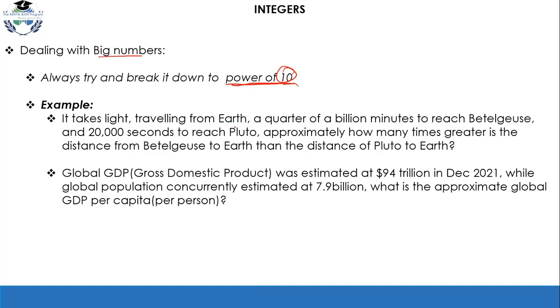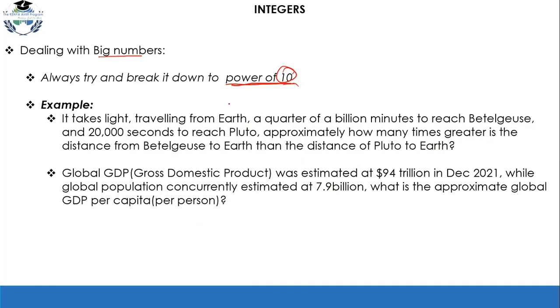It takes light traveling from Earth 250 million minutes to reach Betelgeuse and 20,000 seconds to reach Pluto. Approximately how many times greater is the distance of Betelgeuse to Earth than the distance of Pluto to Earth? Again, the wording of the question is very important. Give me one minute to see people trying it out, and then we're going to do that together.